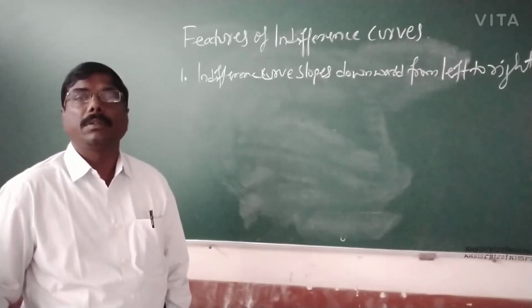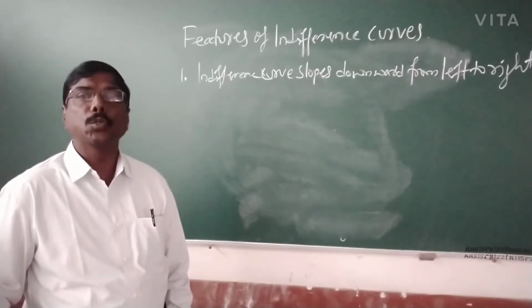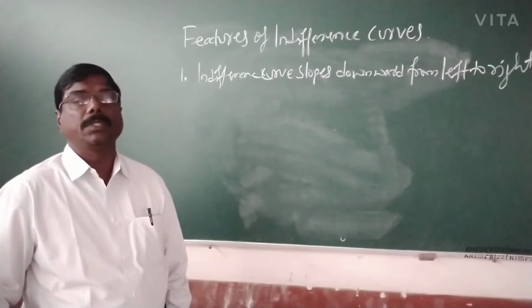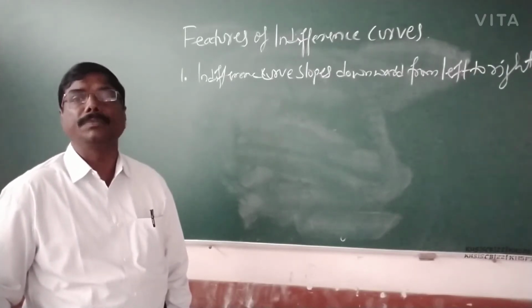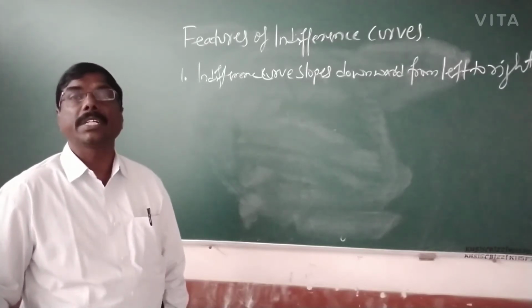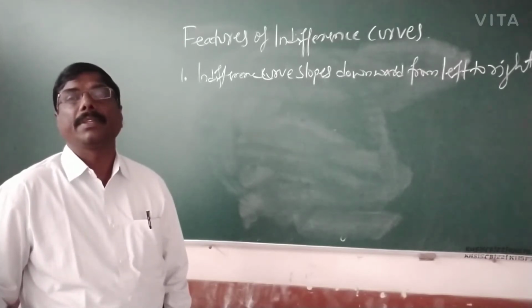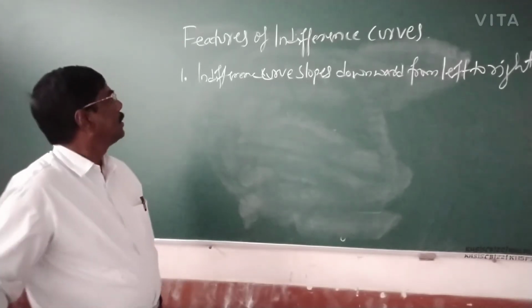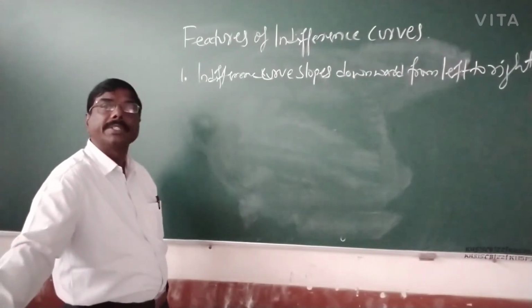If a consumer wants more quantity of one commodity, he has to reduce the consumption of the other commodity. Hence, the indifference curve slopes downward from left to right.